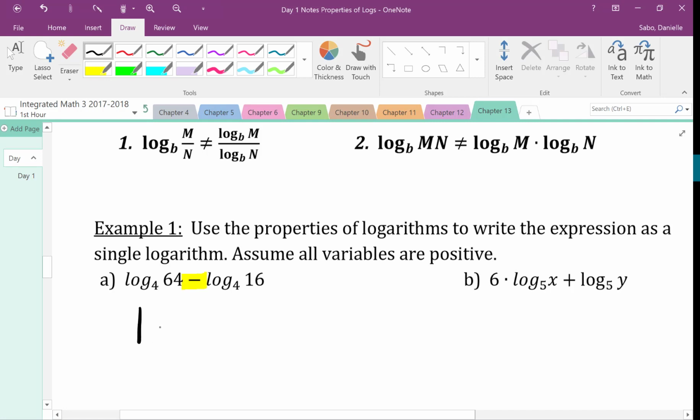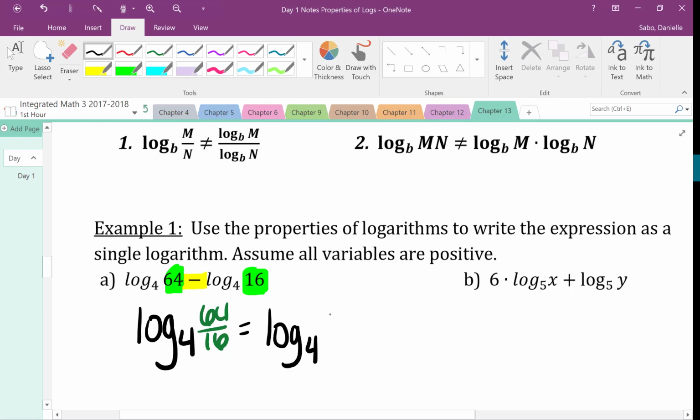So let's write it as one single log, log base 4. And all I'm going to do is take the arguments in order and divide them. So I have 64 divided by 16. We condense, it's called condensing the log. Well, what is 64 divided by 16? Very good.